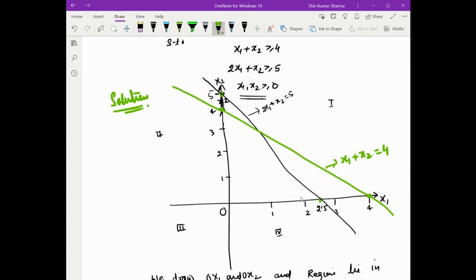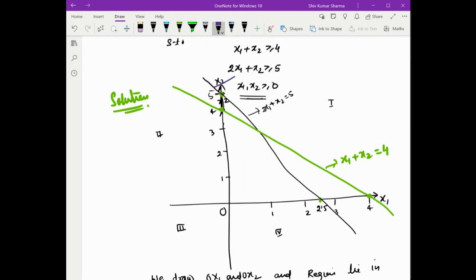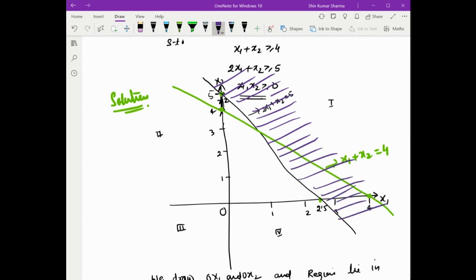In optimization technique, we do these things. When we check where the region lies, for greater than or equal to problems, the region is above the line. Above the line means this region. Similarly, for the second line, the region is also above the line.